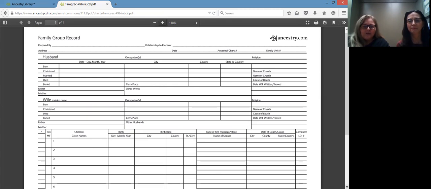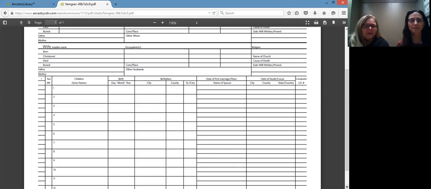Also, as you scroll on down, it leaves a place for you to put the wife's parents' names, and if they had other spouses. Okay, and then as you go on down, you can put their children's names and birth dates, and who they were married to, and if they had passed, their information, and whether they're male or female.